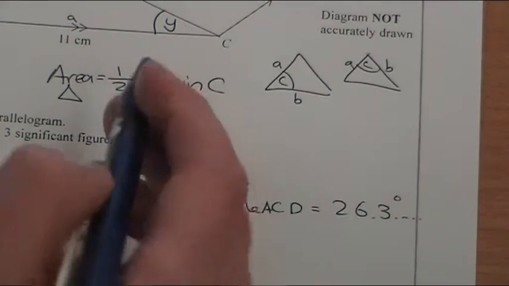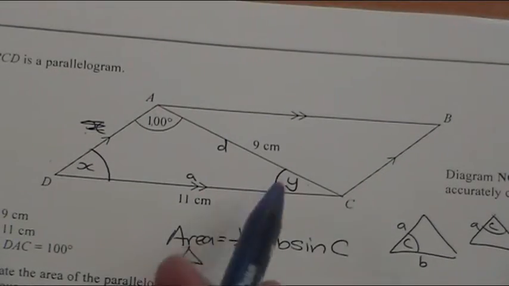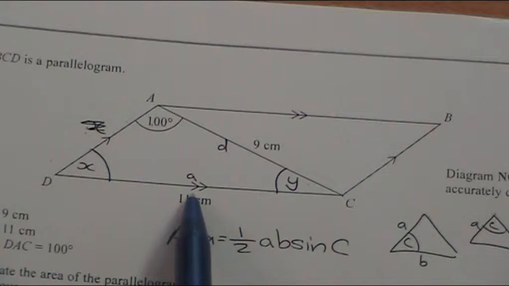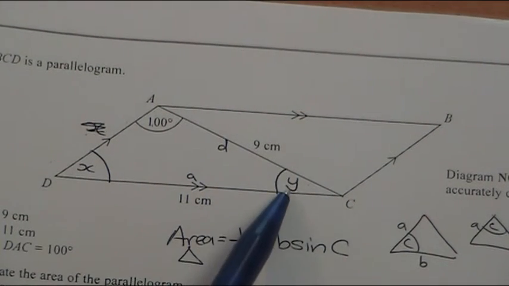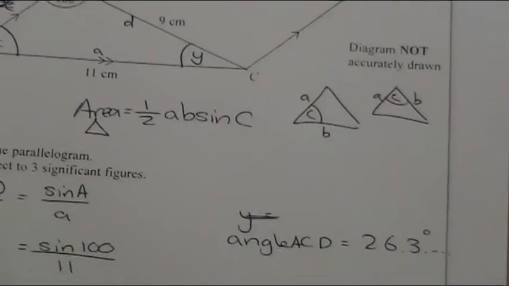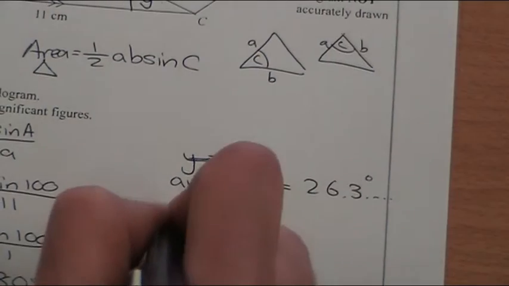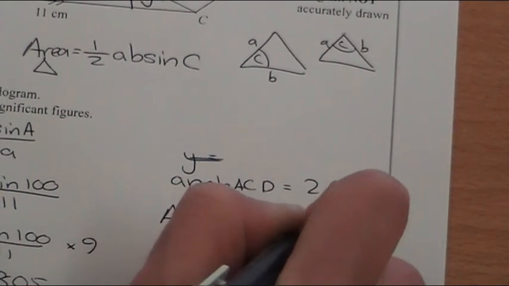Now, my formula, I don't have to calculate that side in the end, because if I've got this angle, I can use these two sides. So you could go ahead and do that, but you're just creating lots of work for yourself. So I've now got this angle here with these two sides, so I'm ready to use this formula. So I'll write the formula again, just so you can see it.